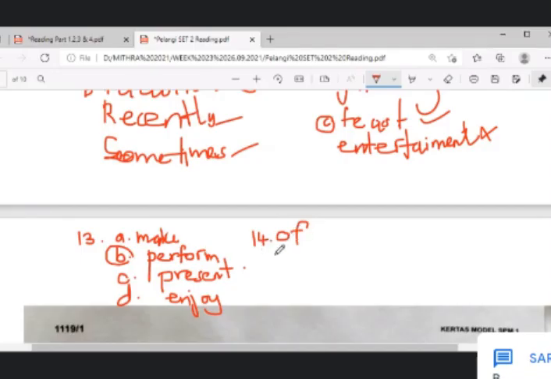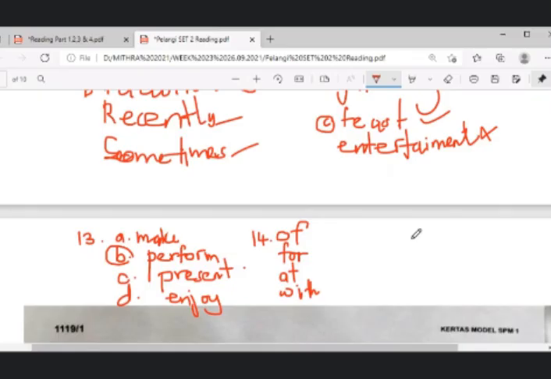Okay, 14A off, 14B for, 14C at, and 14D with. Okay, let's choose the answer. If you go to the text, the audience can expect to see glimpses of all this covered.